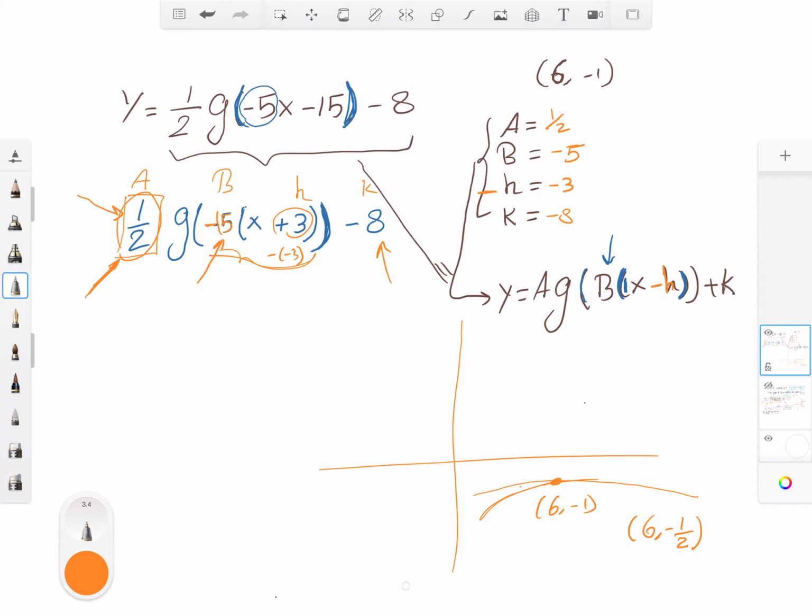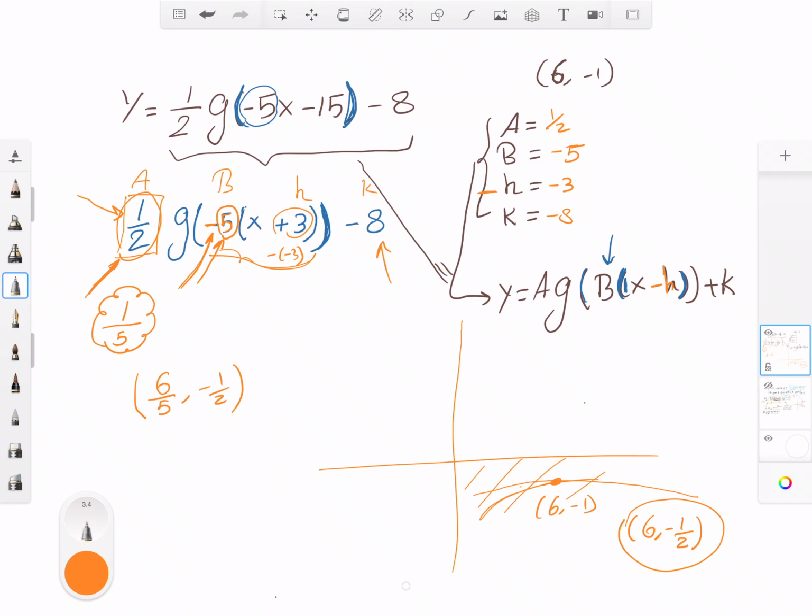Then we're going to apply B. There is a negative and a 5. So we're going to multiply the x value by 1/5. It will be compressed horizontally by a factor of 1/5. So this new point will be (6/5, -1/2).